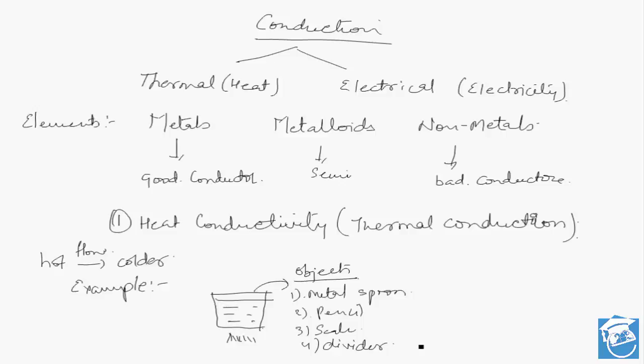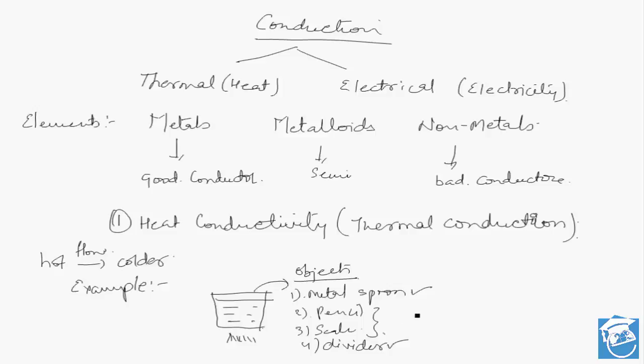So what happens? The materials which allow heat to pass through them easily are the conductors of heat. Like this, the metal divider will get hotter. Pencil and scale, which are made of wood and plastic, will not get heated up easily. These kinds of materials or objects we call insulators.